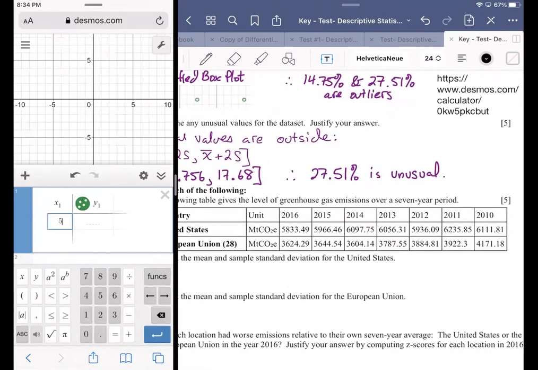I got 5833.49, 5966.46, 6097.75, 6056.31, and so on.